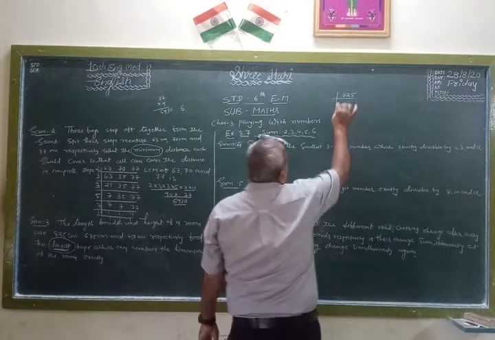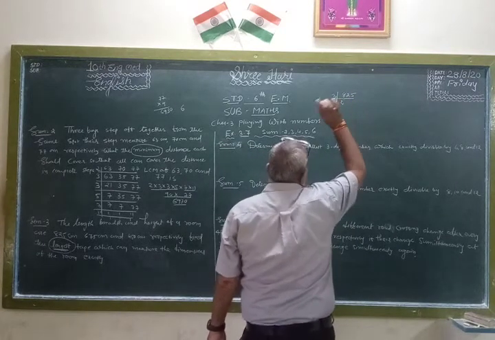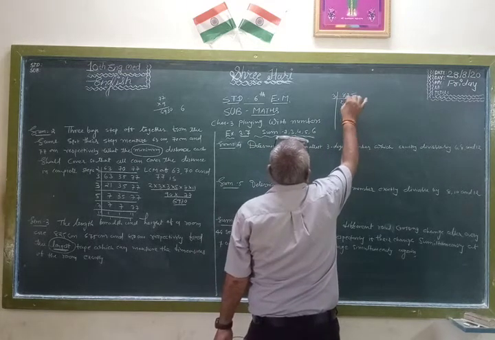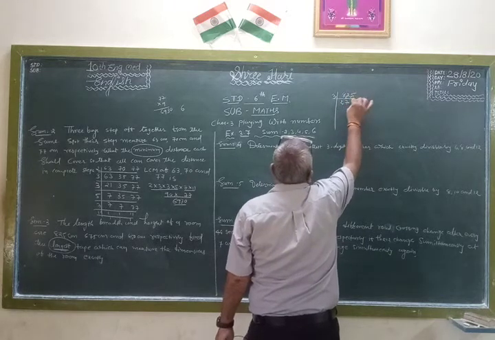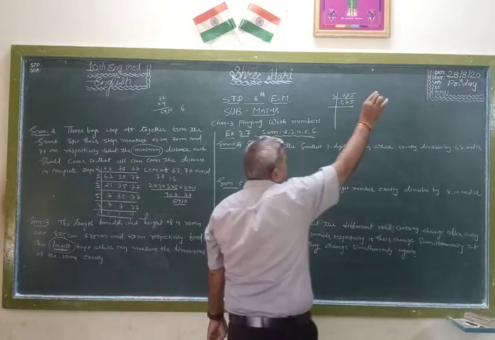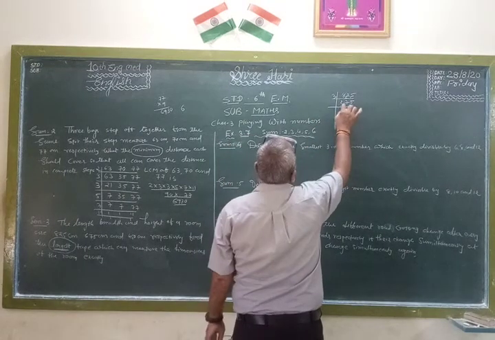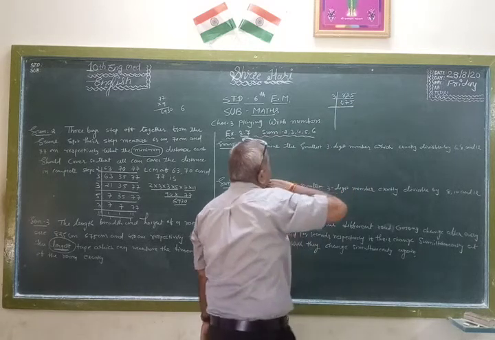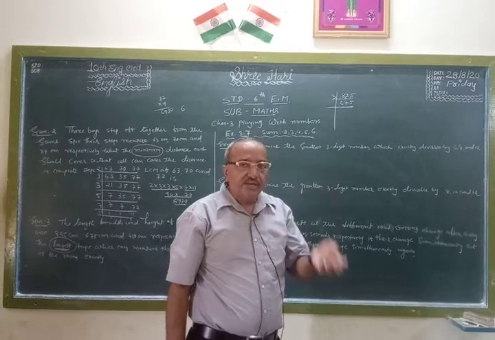Now 3: 3 twos are 6, 3 threes are 9 more. So 3 twos are 6, 2 remain. 3 sevens are 21, 1 remains. 3 fives are 15. Now 3 again because 7 plus 2 is 9, 9 plus 4 is 13, so we can't divide by 3 again.